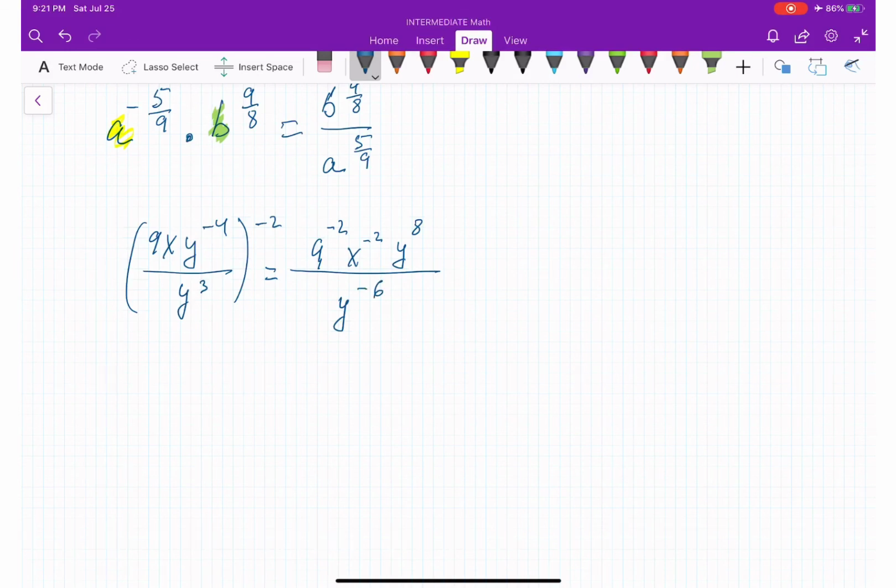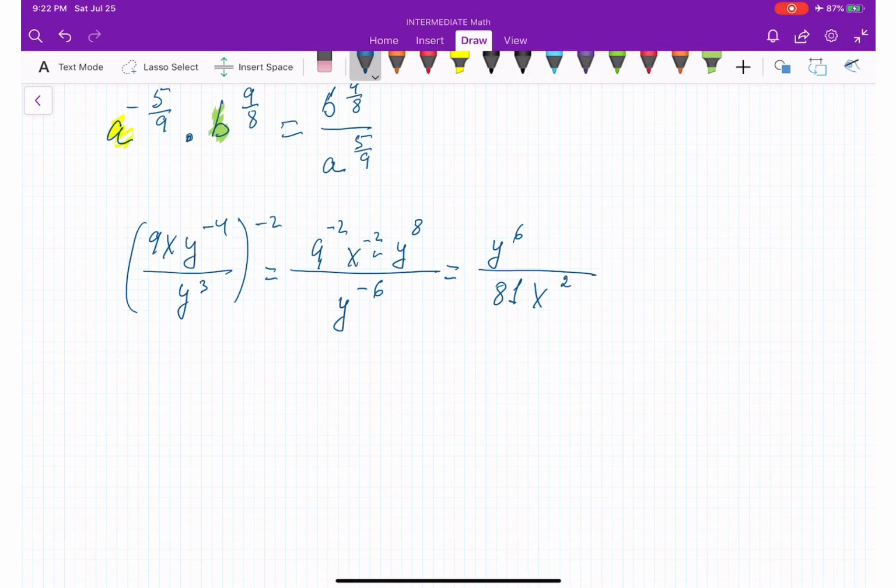Okay? So from here, y to negative 6 is coming on the top, y to positive 6. 9 to negative 2 is going to be 9 to positive 2 in denominator, which is 81. 9 squared is 81. And x to negative 2 is going to come down, x to positive 2.